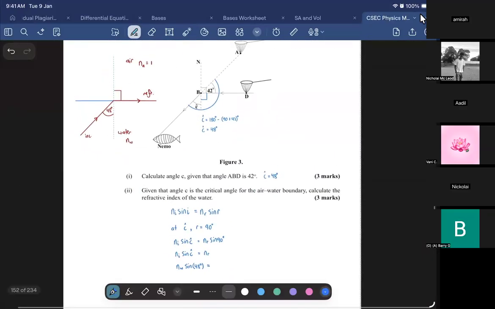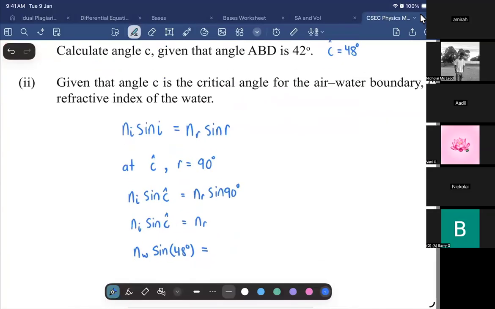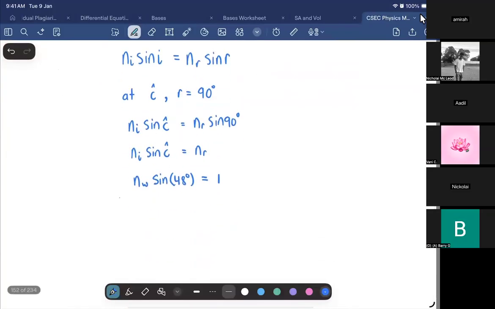What was Nr? Nr would be the refractive index for the refracted ray, which is 1. So if I want to find Nw now, that would just be 1 over what? The sine 48. Yeah. And there you go.